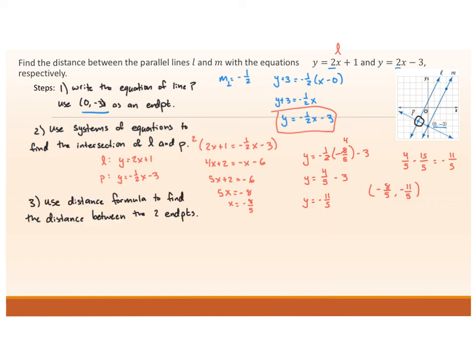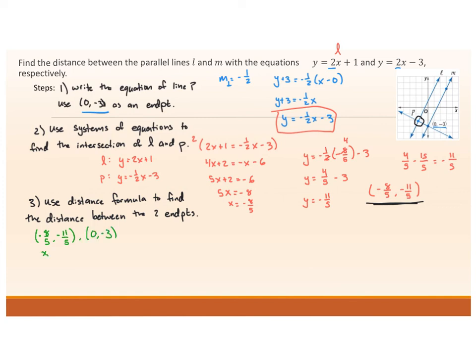But now I'm going to move on to the 3rd step, which is finding the distance between our 2 endpoints. Our 2 endpoints are this one and our original one of 0, -3. So our first one is -8/5, -11/5, and then we have 0, -3.